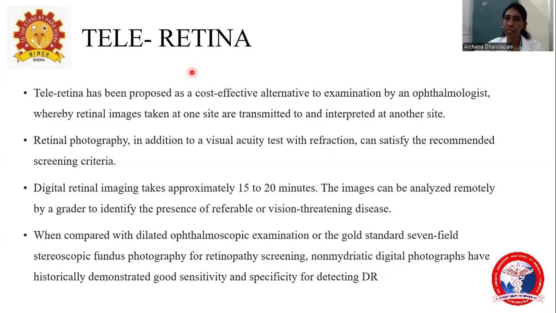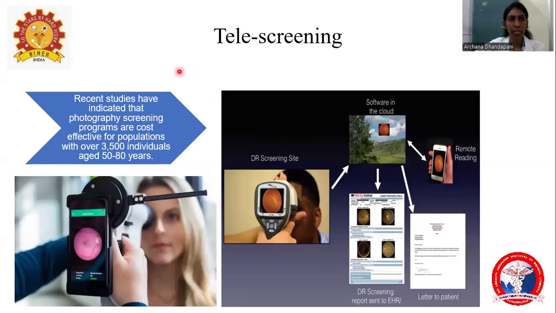So we can go to those sites, we can take a digital photograph, refer it to an ophthalmologist who can grade these photographs, whether the patient is having a diabetic retinopathy, it has to be treated immediately, or there is a vision threatening disease. So, recent studies have indicated that the photograph screening programs are cost effective for population with over 3,500 individuals aged 50 to 80 years.